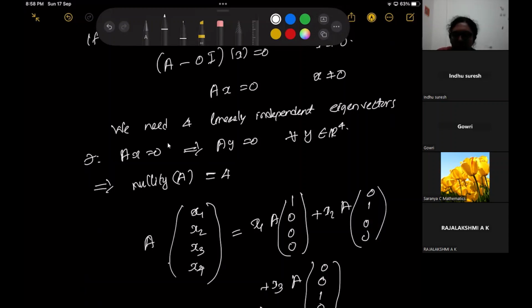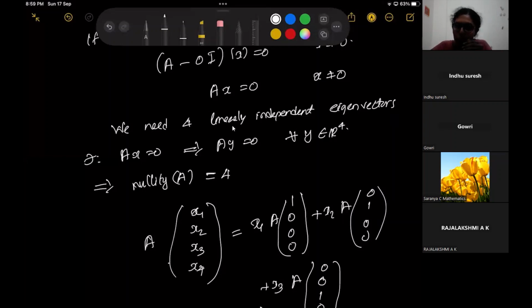So we are taking y as a linear combination of these 4 linearly independent eigenvectors. Since for eigenvectors Ax equals 0, Ay is also 0, because Ay we can write as the linear combination Ax1, Ax2, Ax3, Ax4.